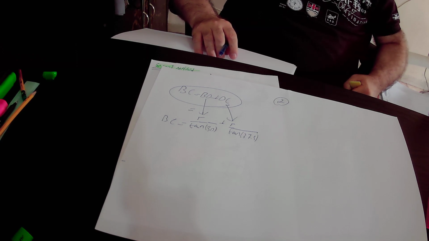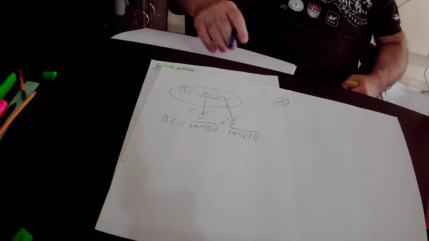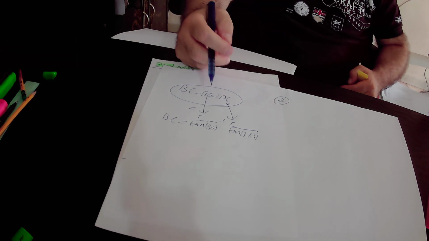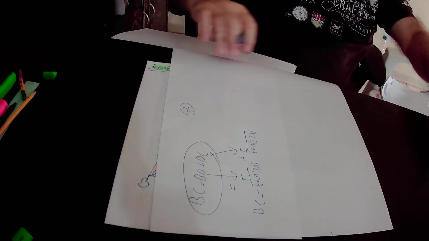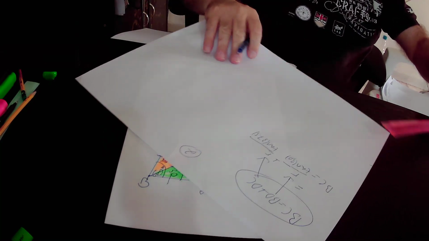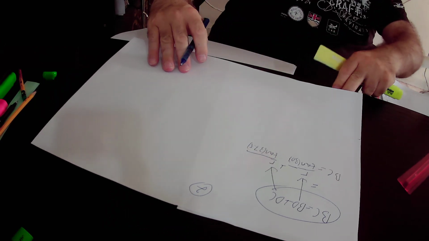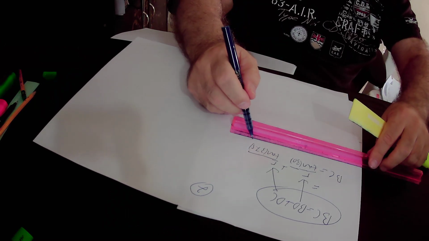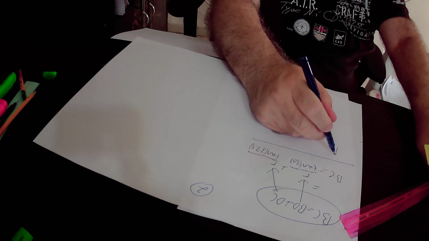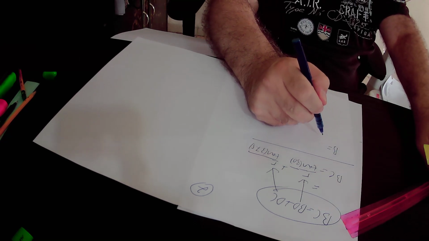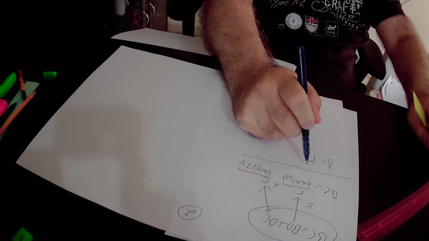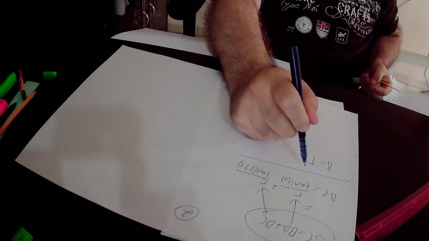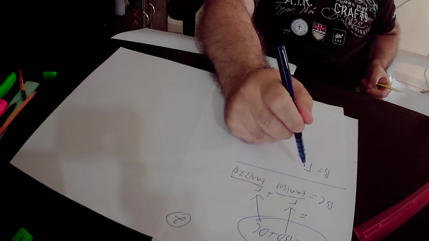Here we take R as a common factor out of those two expressions, and we get that BC is equal to R, the common factor. What is left from R over tangent 30 degrees after we took R as a common factor?